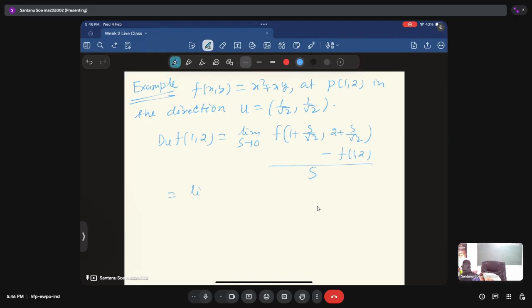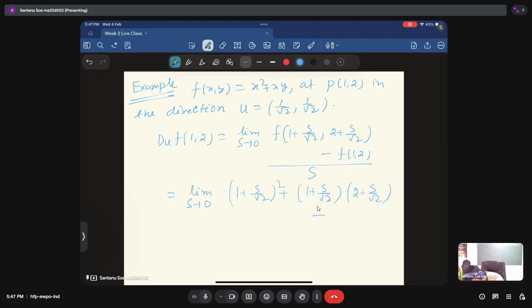So this will be the limit as s tends to 0, and this is nothing but (1 + s by root 2) whole squared plus (1 + s by root 2)(2 + s by root 2), minus, if you put 1 and 2, it will be 1 plus 2, which is 3, divided by s.